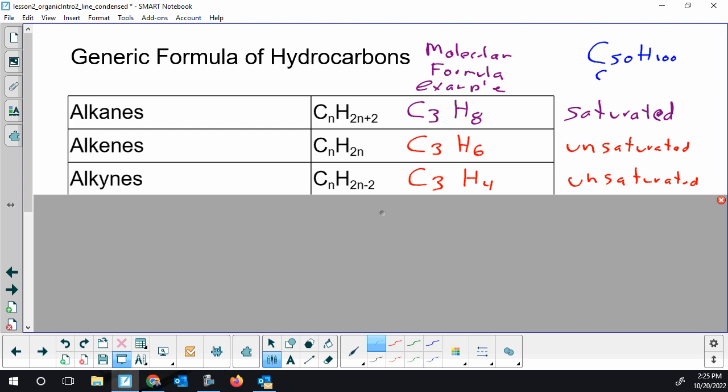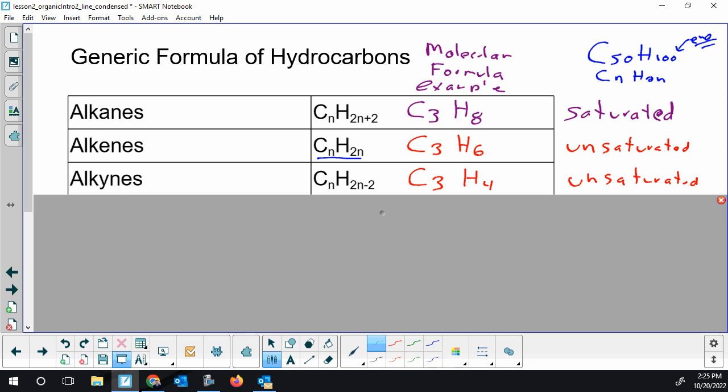Think of this Cn. The H would be, what, 50 to 100. That's a double. So that's a 2n. So that fits the ene pattern. Okay. That is an ene. That is unsaturated. No need to draw it.